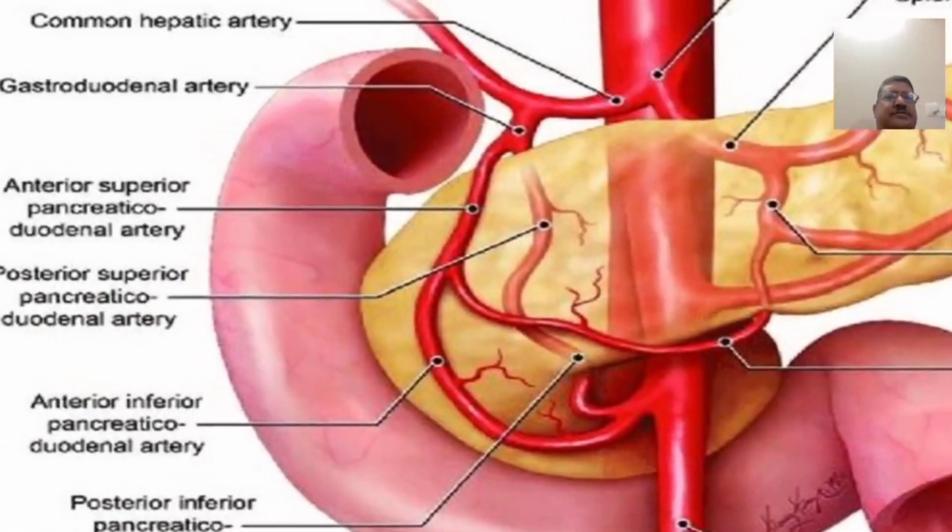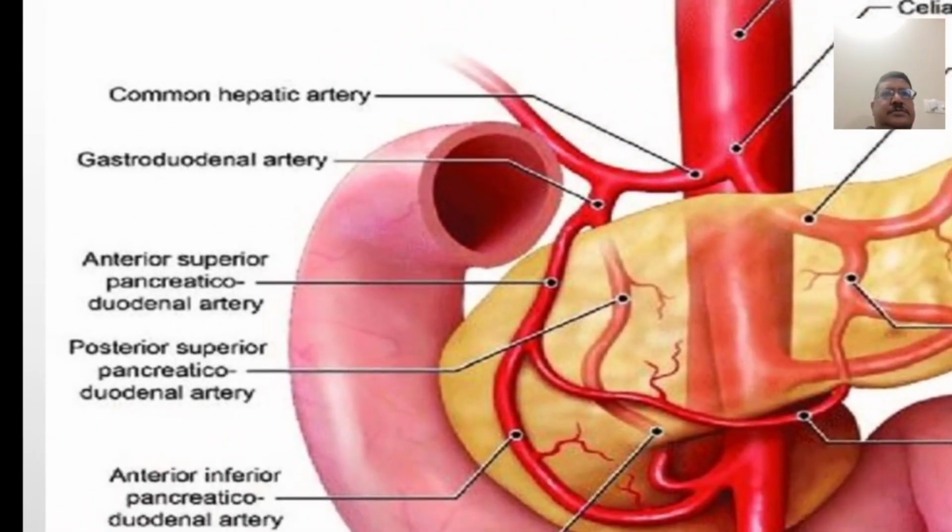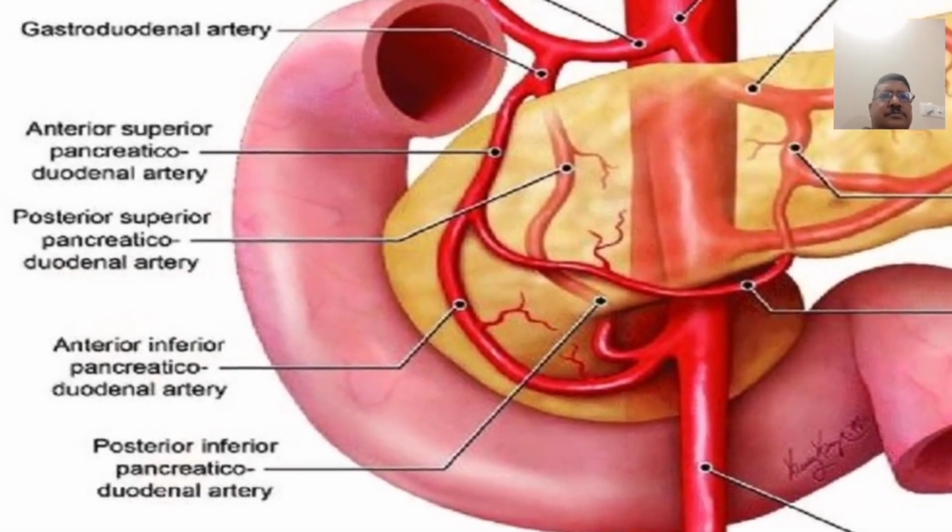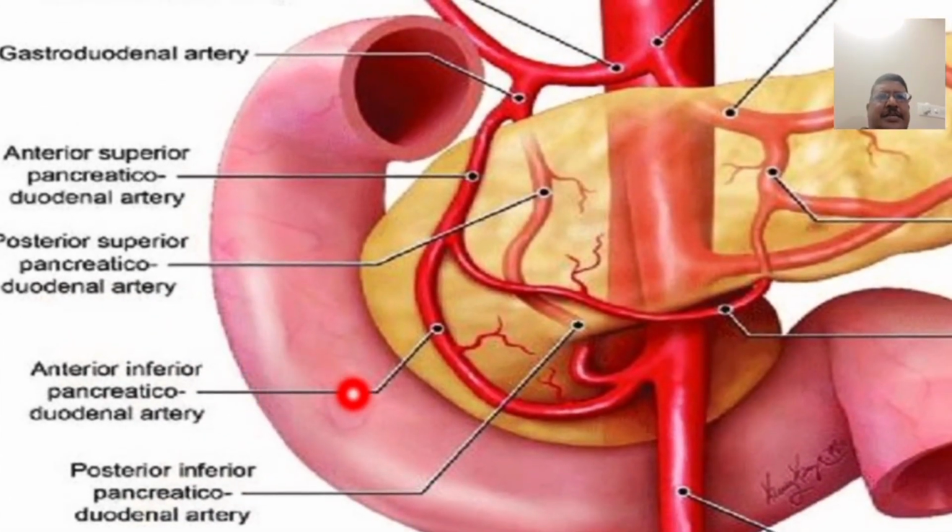Then after that, this is the gastroduodenal artery, anterior superior pancreaticoduodenal artery, posterior superior pancreaticoduodenal artery. This is the anterior inferior pancreaticoduodenal artery.